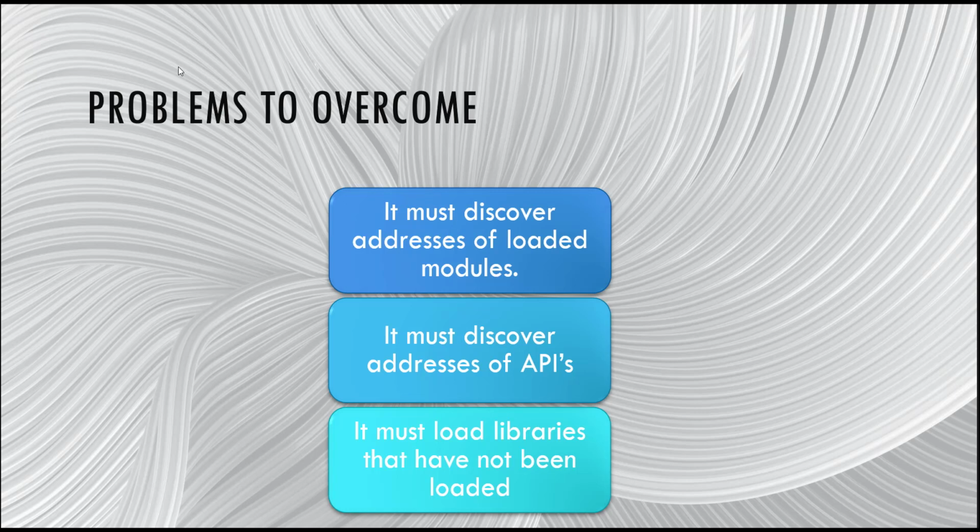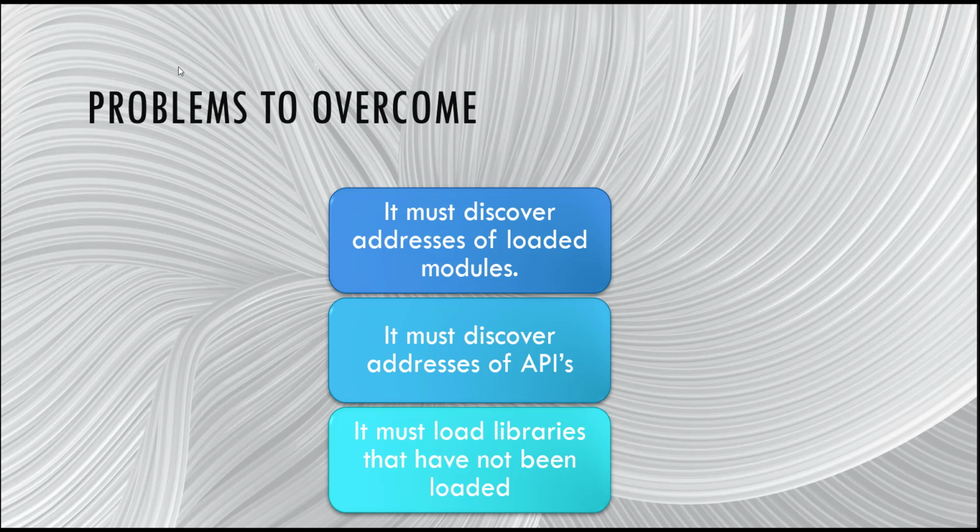First and foremost, we've talked about this extensively, we need to be able to discover the addresses of loaded modules. So things like kernel32, ntdll, urlmon, any and all of them. It's an absolute must that we get the base address of these loaded modules.